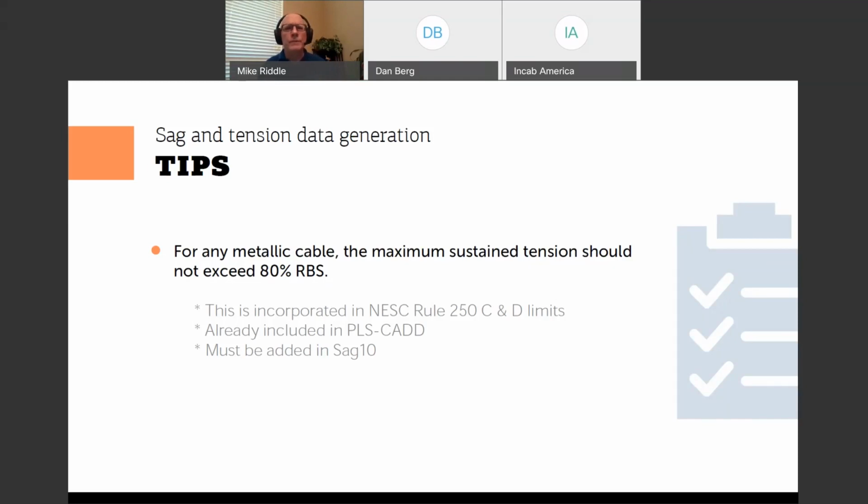There's a technical reason for that that's beyond the scope of today's presentation, and that's recognized by other technical bodies around the world and the cable vendors themselves. And so it's no surprise that this is included already in the NESC Rule 250 C and D limits. So they do use that. And that's already included in PLS CAD, but in SAG 10, again, you have to add it.